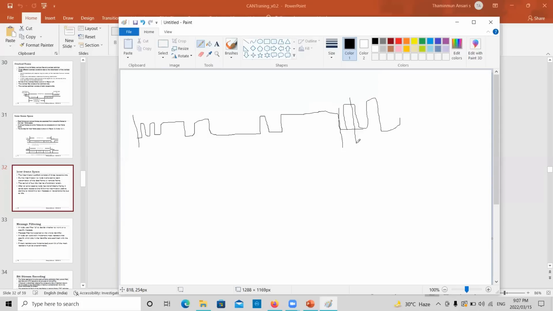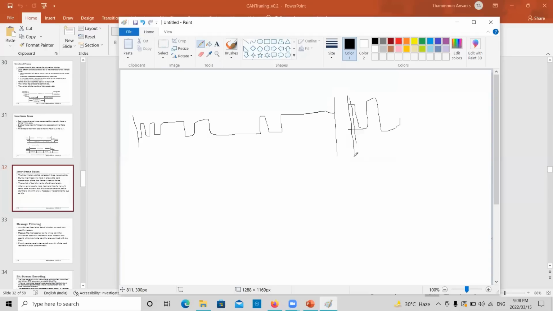That's why, after completing the end of frame, they maintain a fixed gap. In that time, no node is allowed to transmit. That is the beauty here. When you have an interframe space, no node is allowed to transmit in that period. Everybody should keep quiet. After transmitting one packet, they wait for 3 recessive bits, and then they do the next packet.